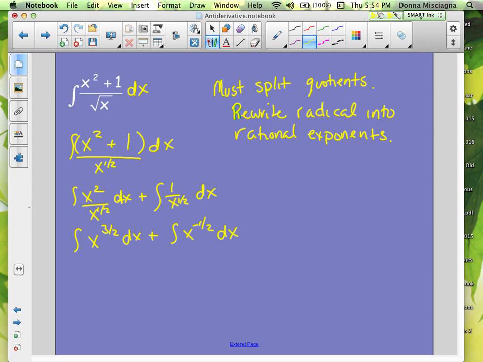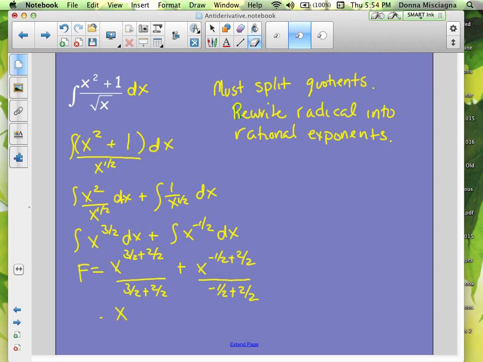So this is going to be x to the 3/2 plus 2/2 divided by 3/2 plus 2/2 plus x to the negative 1/2 plus 2/2 divided by negative 1/2 plus 2/2, which is x to the, let me just fix my x there, 5/2.